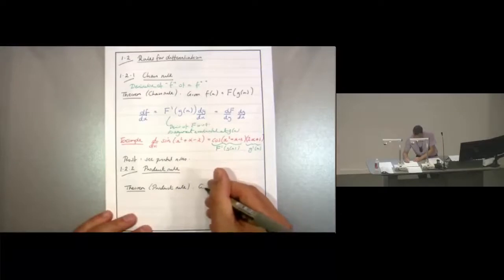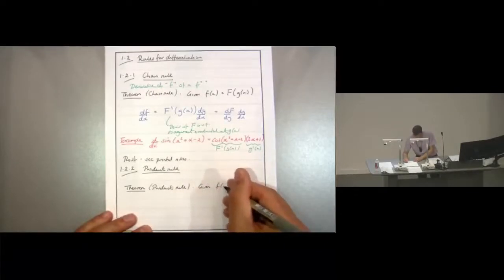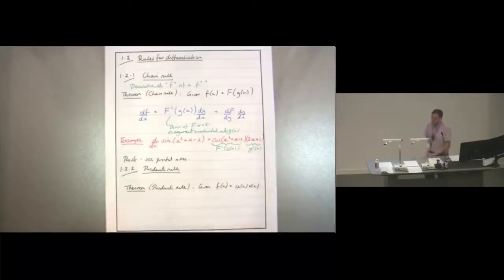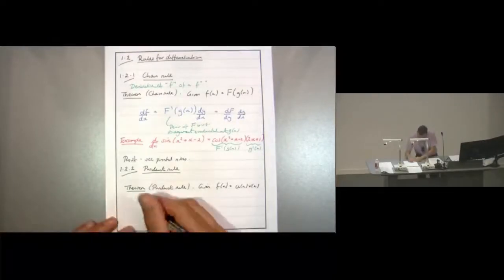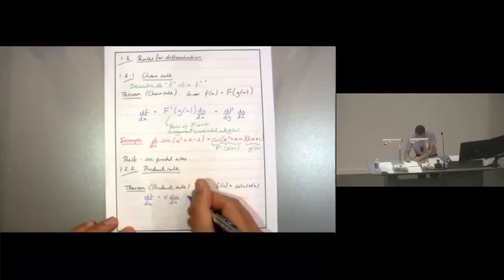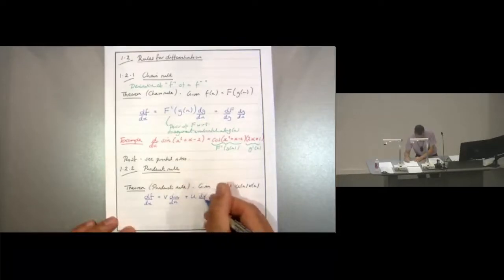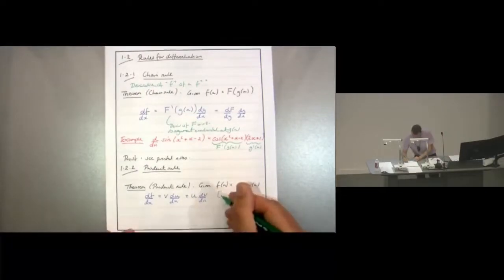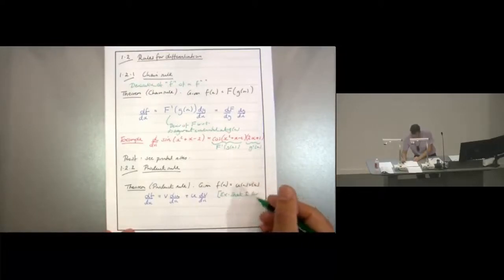So this says that given two functions, u of x and v of x, if I take their product, so I define a new function f of x, which is u of x times v of x, then the derivative of f is v times the derivative of u plus u times the derivative of v. And if you want to prove this, it's actually left as an exercise on example sheet 1.